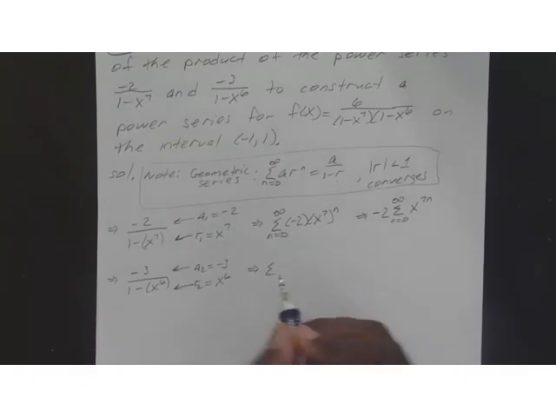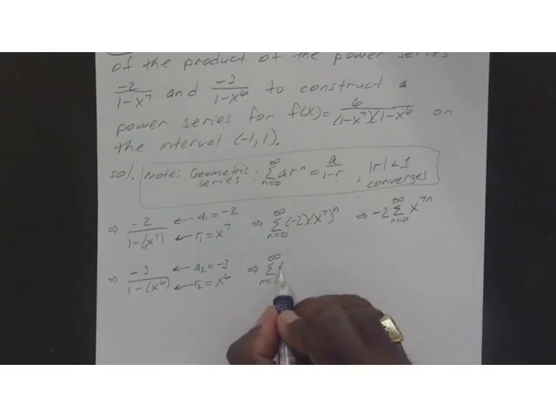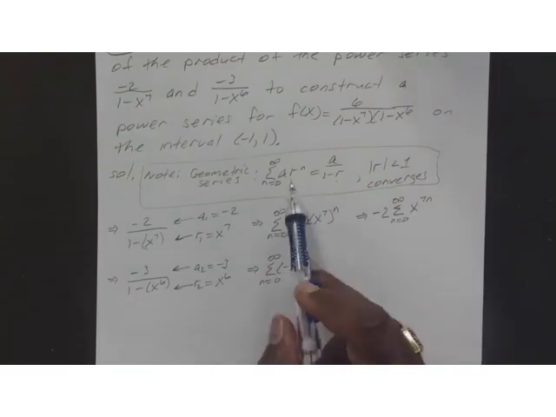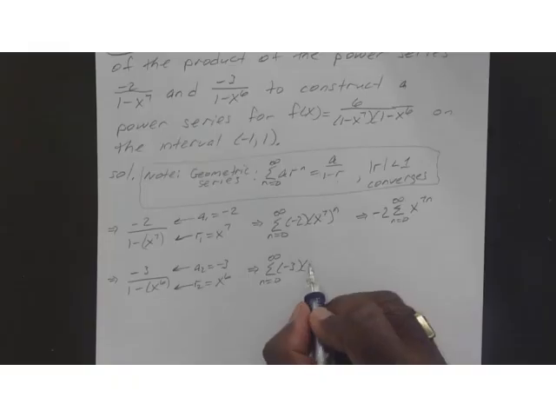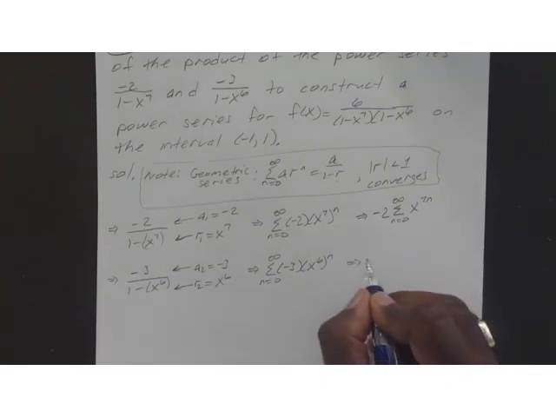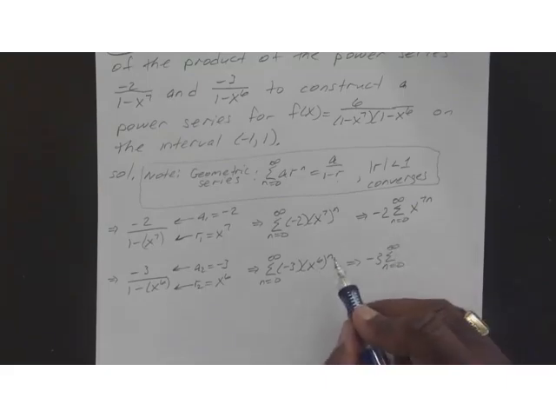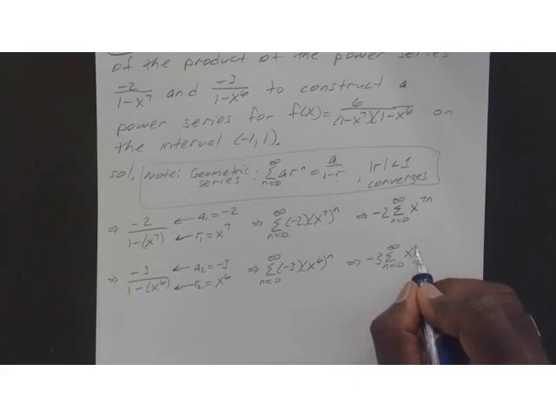So we can make that the sum from n equals 0 to infinity of a, which is negative 3, times r to the power of n, so that's times x to the 6th power raised to the nth power, which is equal to negative 3 times the sum from n equals 0 to infinity of x to the power of 6n.